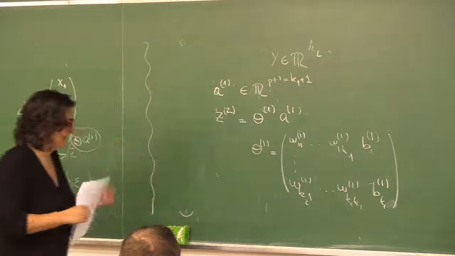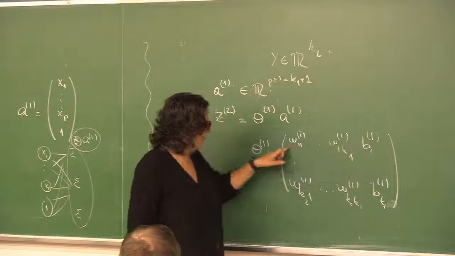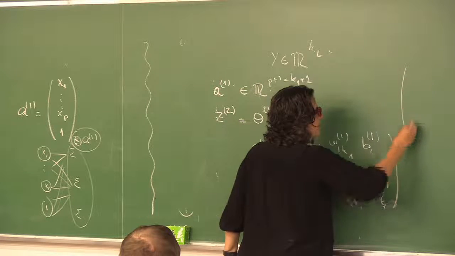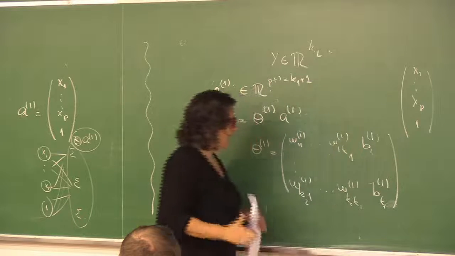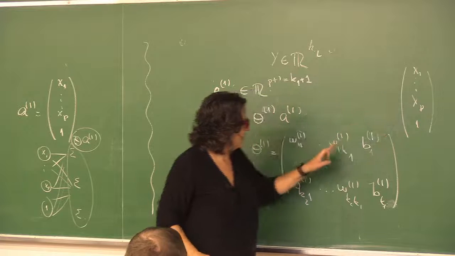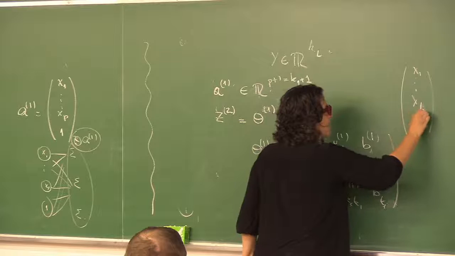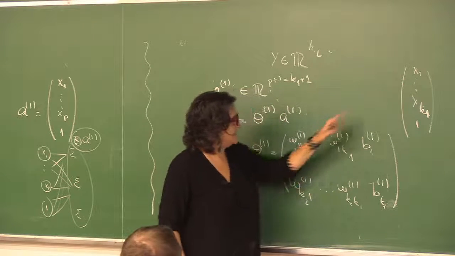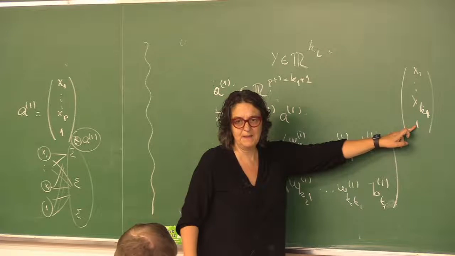Okay, let's see what this is. This vector has a dimension if I multiply theta 1 by A1. Remember that A1 was X1, XP, 1. When I multiply theta 1 by A1, I'm doing this one, this one. P, remember, where I call P K1. I'm going to do this times this, plus this times the second, plus this times this one, plus B1 times this one, okay?